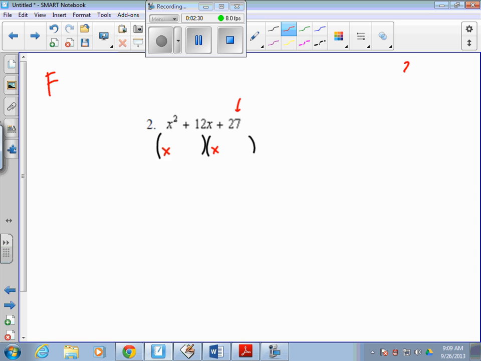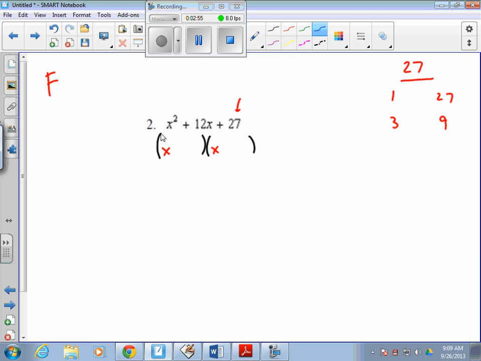Your factors of 27 are 1 times 27 and 3 times 9. That's the only factors they have. So which ones can I either add or subtract and get the number 12? Don't even think of negatives and positives right now.